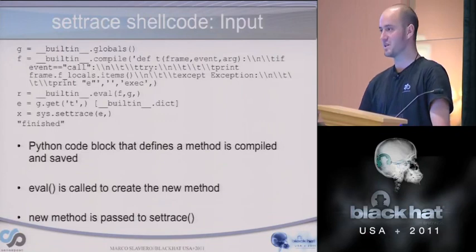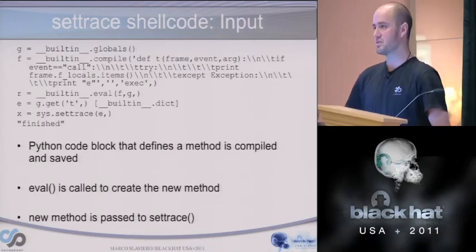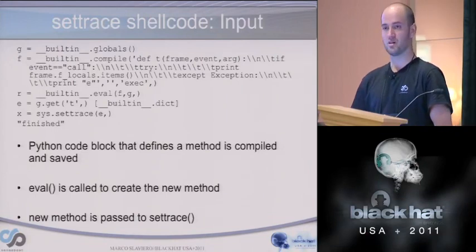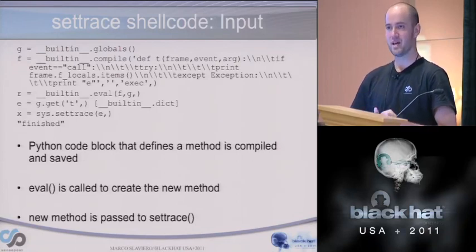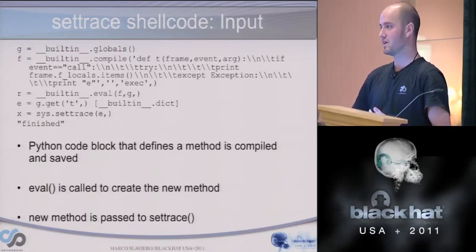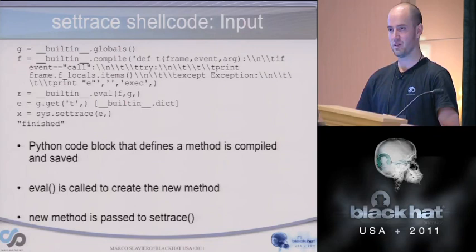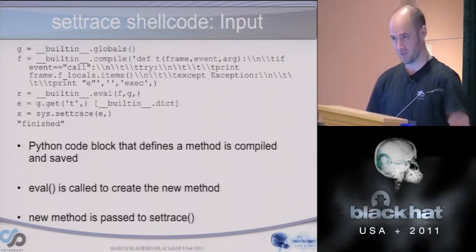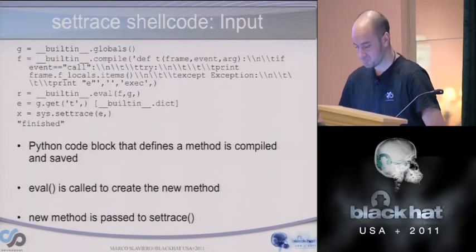setTrace is a debug function within Python. It allows you to specify a method that gets called on every line that gets run, or in every method that gets executed. In other words, it's for implementing debuggers. What we can do is combine our eval shellcode with a piece of Python that creates this debug hook, and this is where it gets kind of sexy.